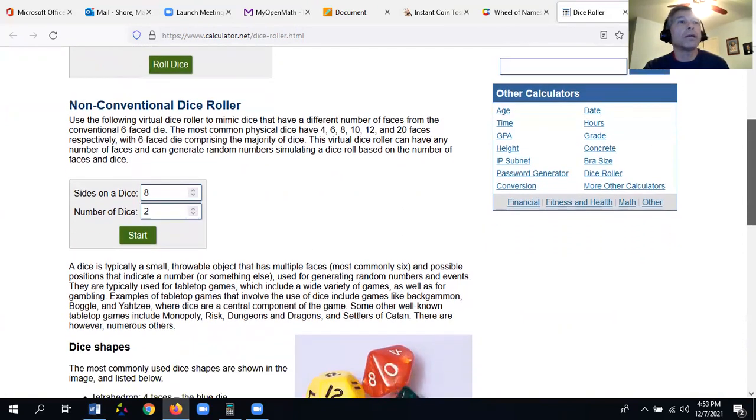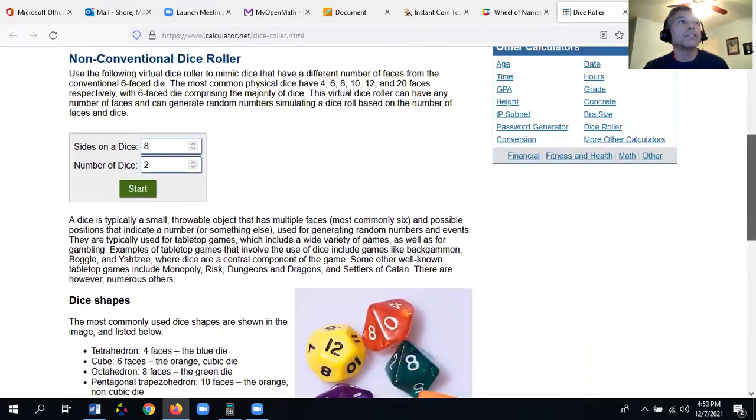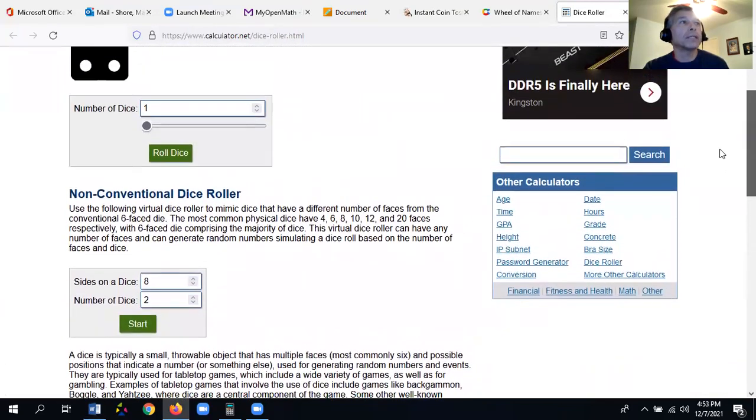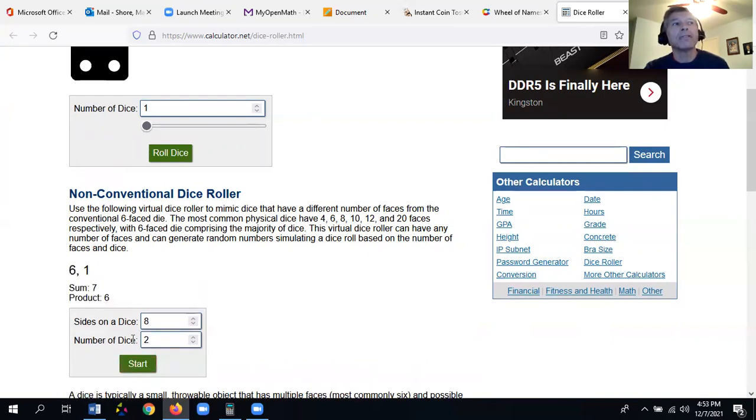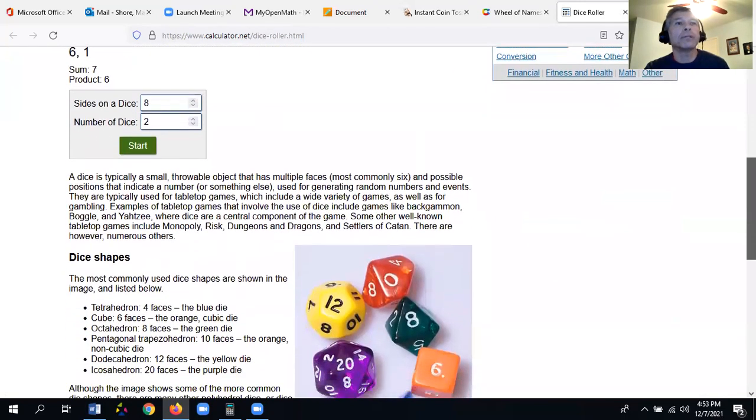All those are possibilities, and they give you dice shapes and stuff like that. In fact, I'd like to see what the 8-sided die looks like. Oh, okay, it doesn't really show you the die on that. Oh, and then you click stop, and there's an 8-sided die. Down here is what they really look like, these weird looking dice.